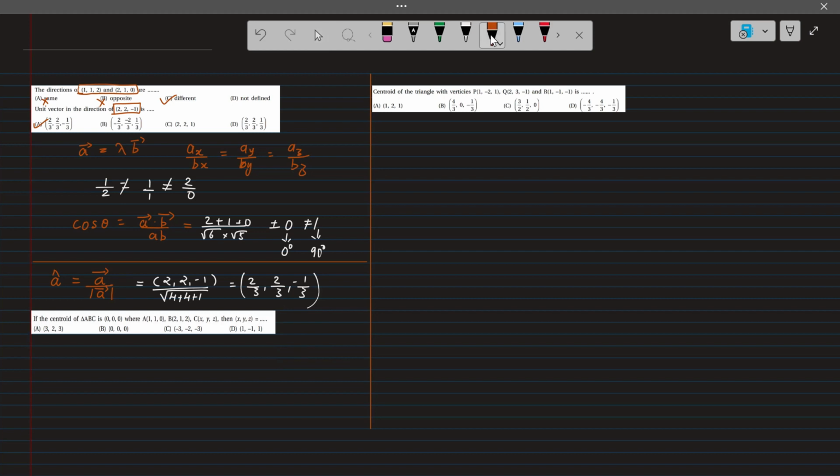Next, we have to find the centroid of triangle ABC. The centroid of the triangle is given, it is 0, 0, 0. Coordinates of A, B and C are given.